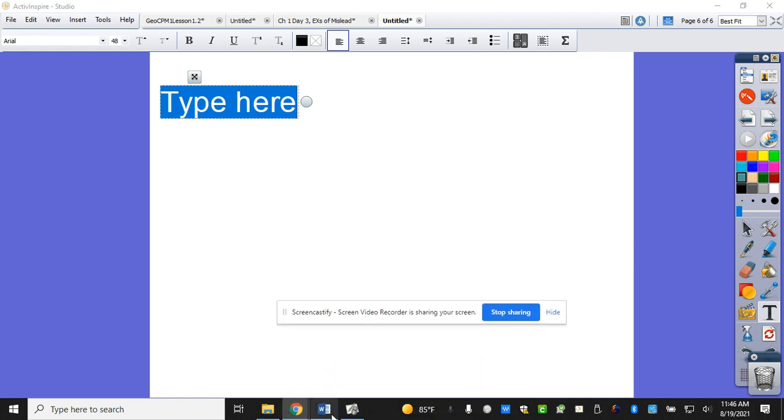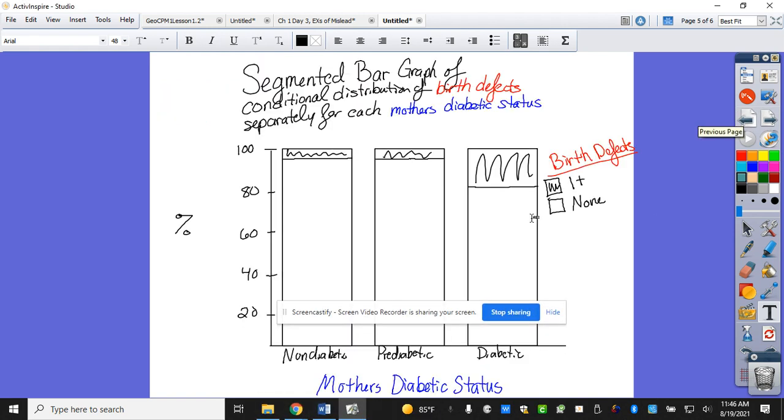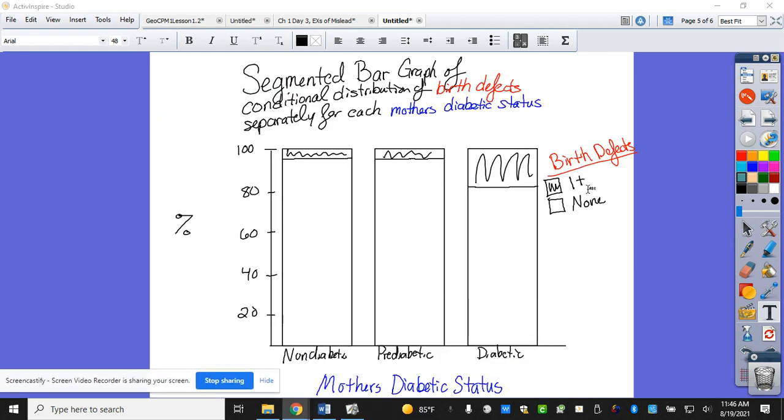Again, you could compare either 1 plus or none. Does it matter which one you choose? No. Let's say I'm going to choose to do none. And if you did yours the opposite way, you can still read it to me. It doesn't really matter. What do I notice about any of the 3 separate for one of them?